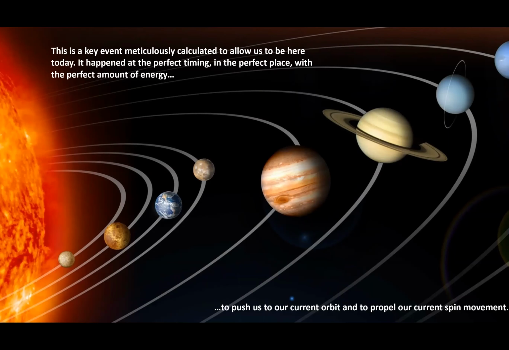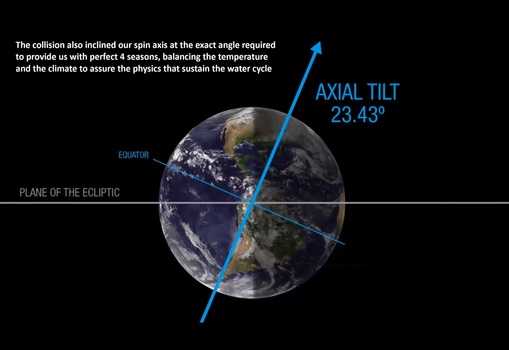But the collision of Gaia and Theia not only put our planet in the right place, but did something very, very important. All the planets orbit the sun on the same plane. It's kind of like an equator of the universe. All the planets are aligned around the sun.